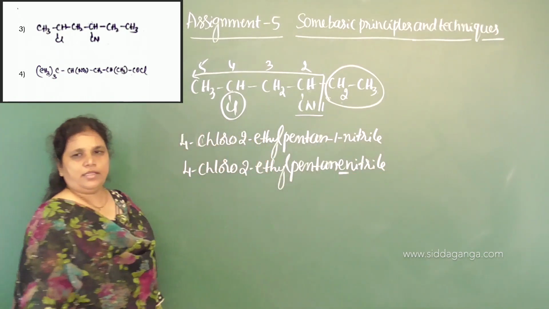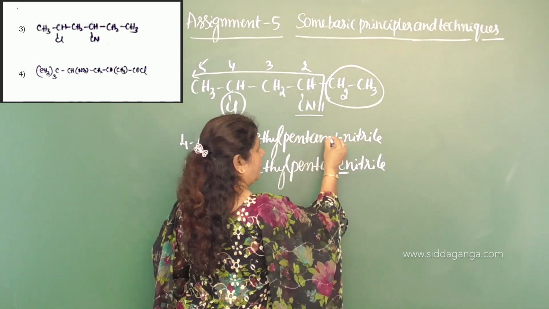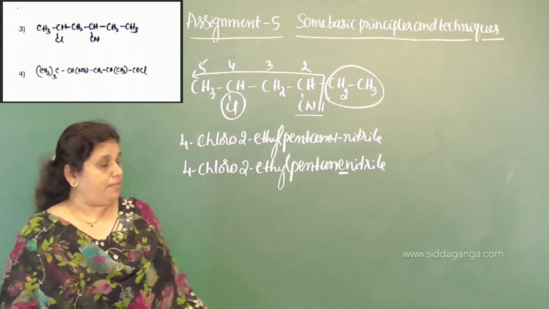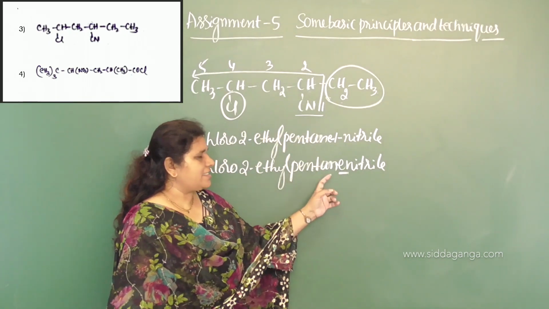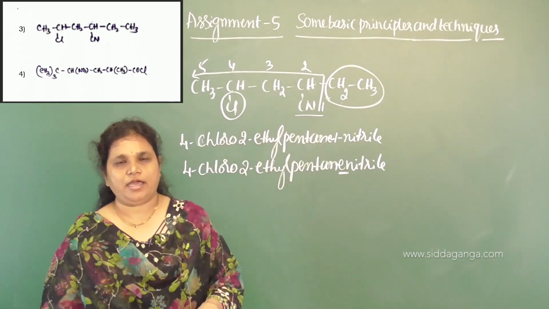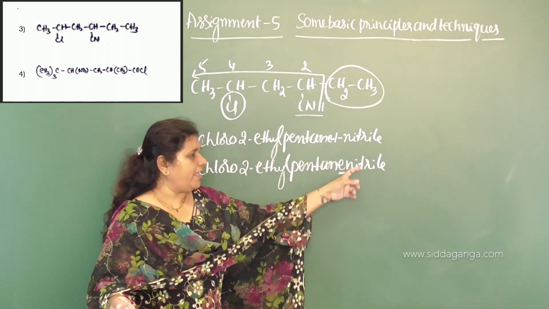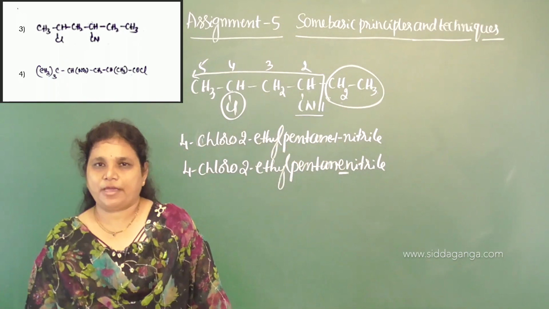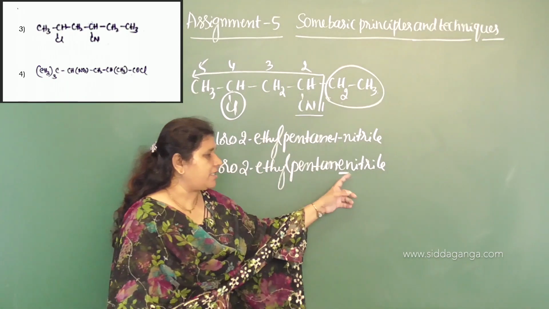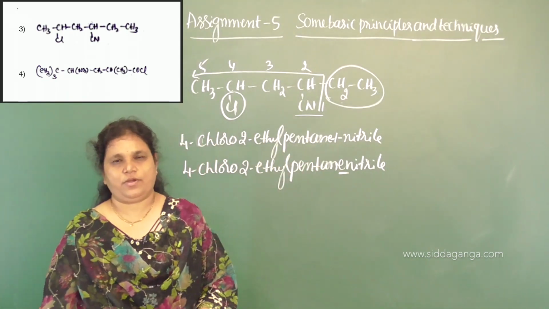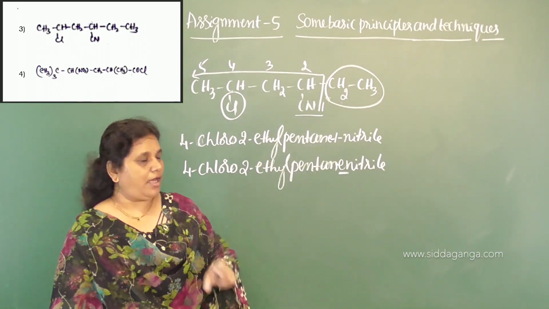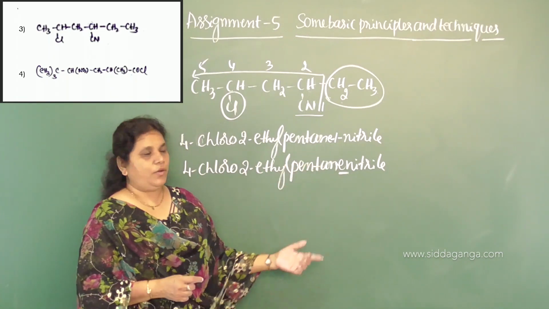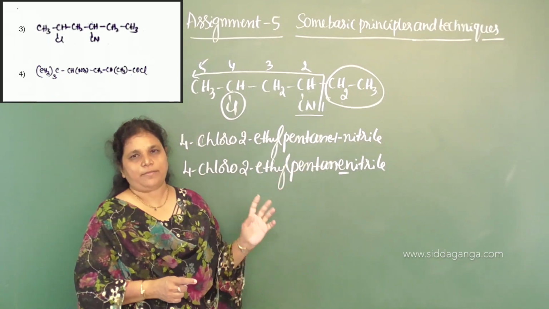So, I retained the terminal e of the primary suffix ane while adding the secondary suffix, because nitrile is the secondary suffix. Okay. So, whenever the secondary suffix does not start with a vowel, then you can retain the terminal e of the primary suffix.